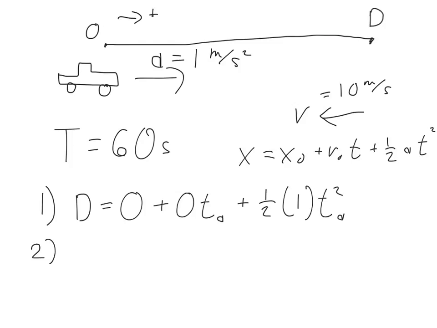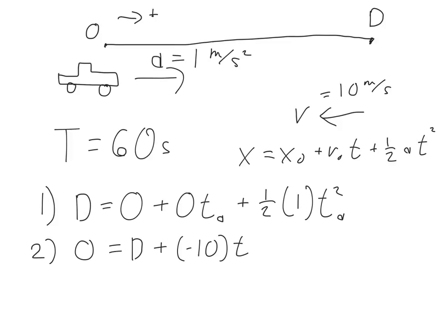In this case, the initial position of the vehicle is not 0, it's starting at position d, and it's ending at position 0, it's returning. So I'd write our kinematic equation a little differently: 0, the final position, equals d, the initial position, plus the velocity, but because the velocity is to the left, it's actually negative 10, times time.